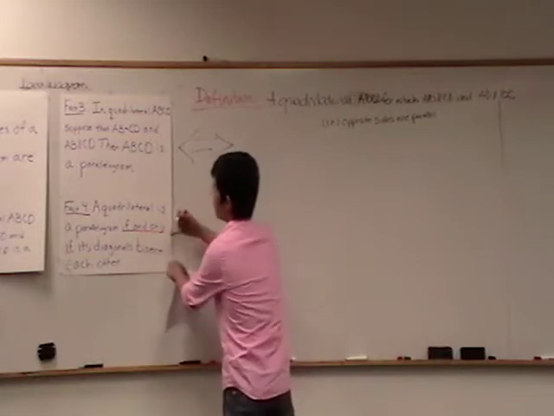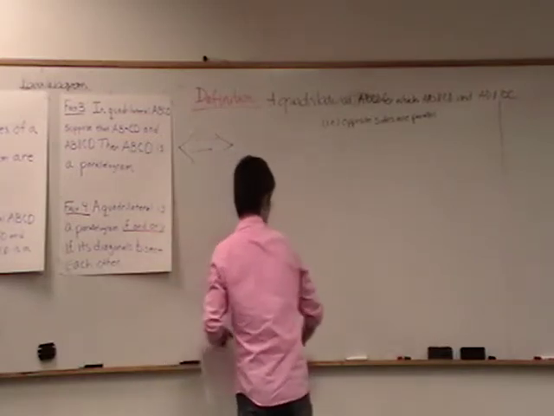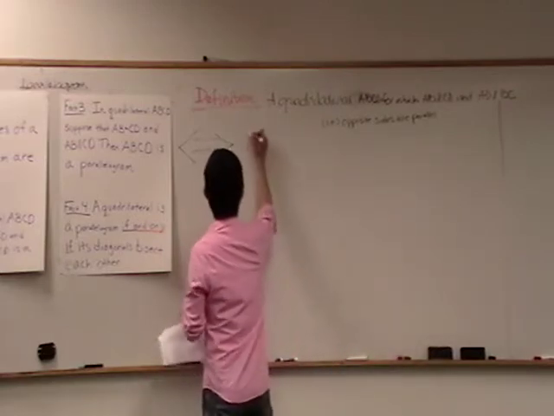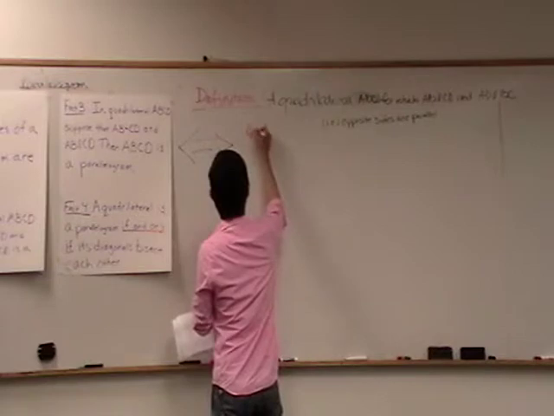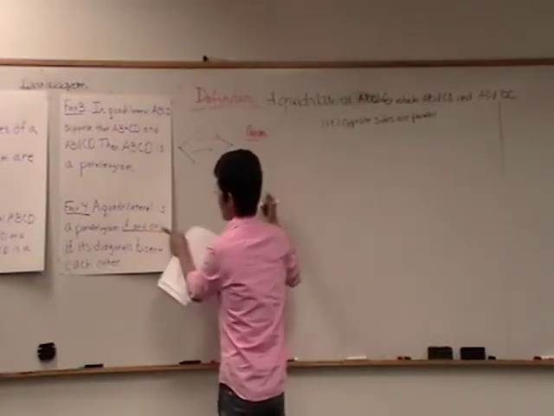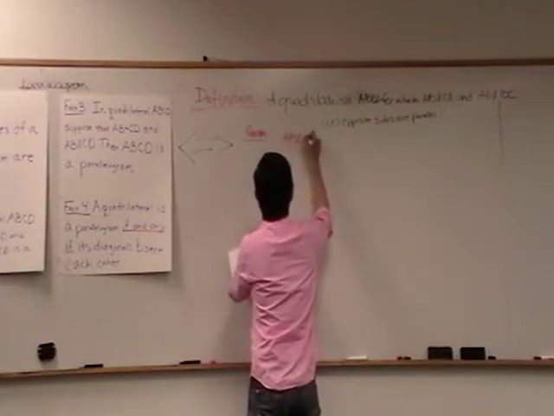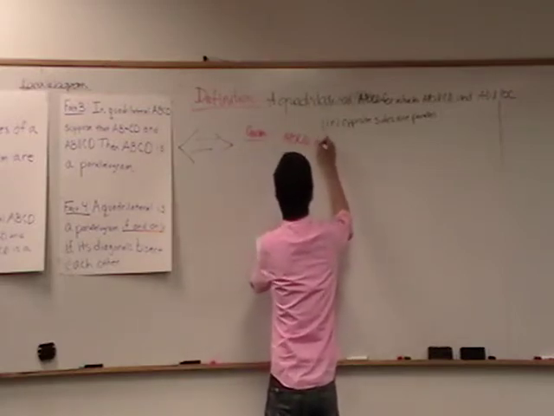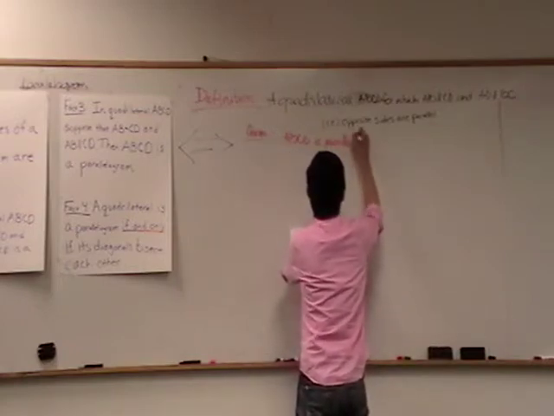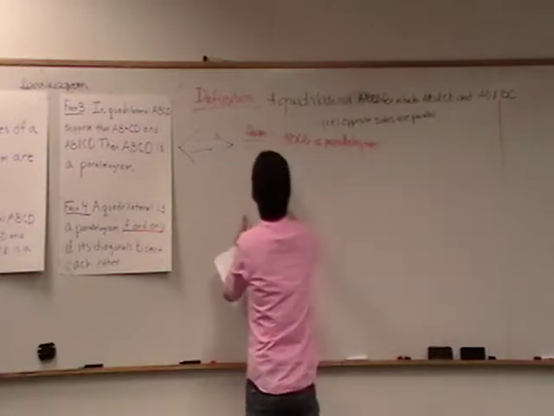But what we have from this fact, like we have the given ABCD, a parallelogram, and we need to show the converse.